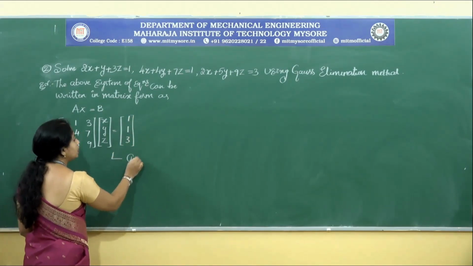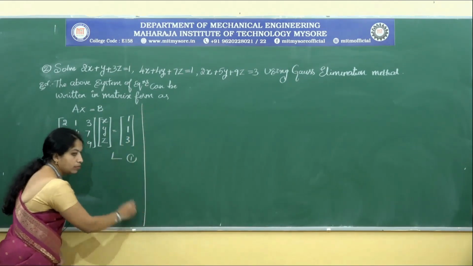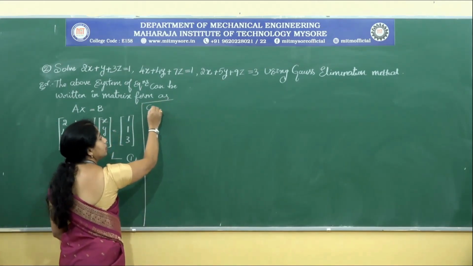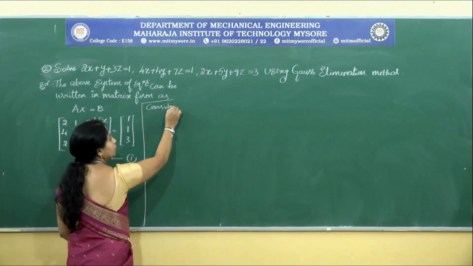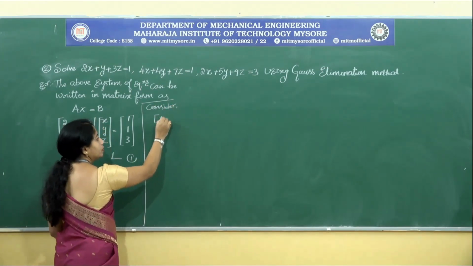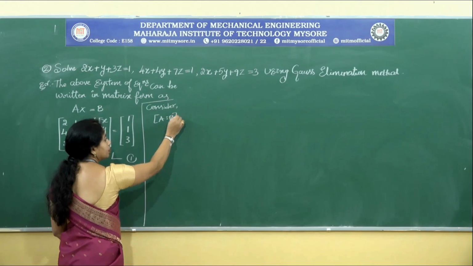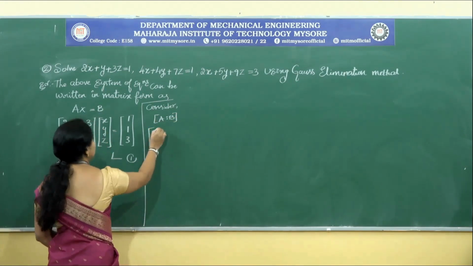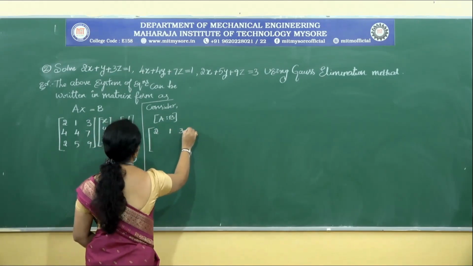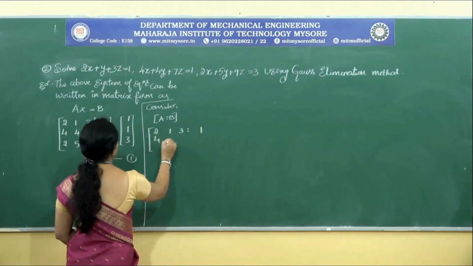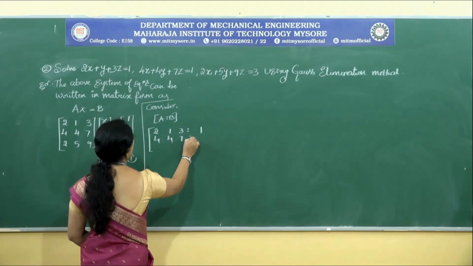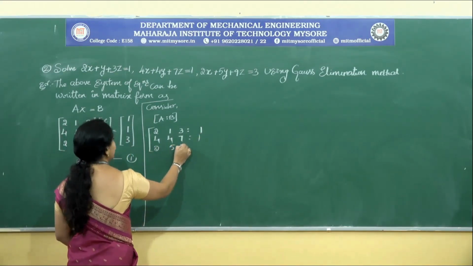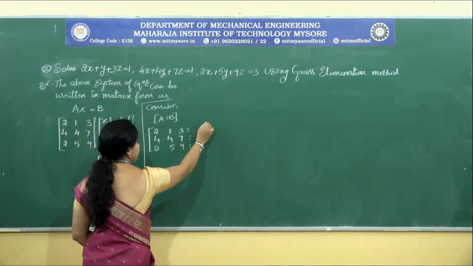Consider this matrix as 1. Now we are supposed to consider the augmented matrix. Here the augmented matrix is 2, 1, 3, 1, 4, 4, 7, 1, 2, 5, 9, 3.